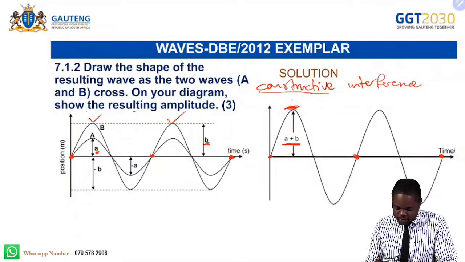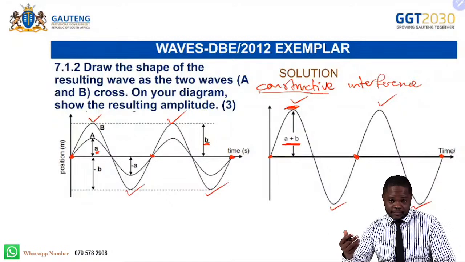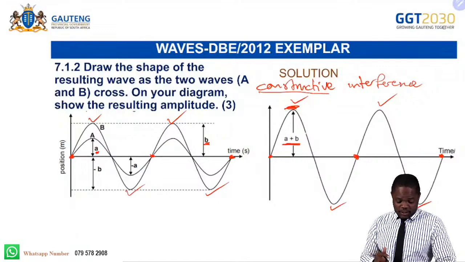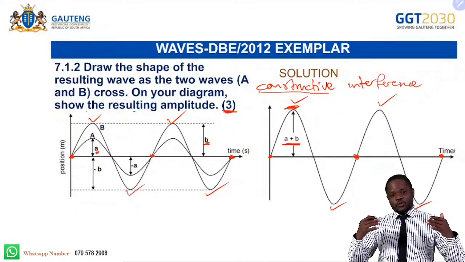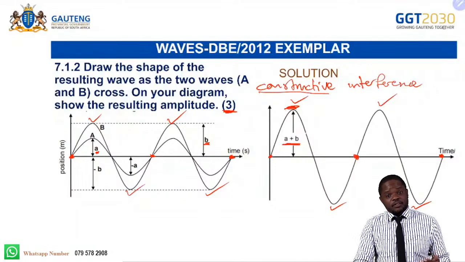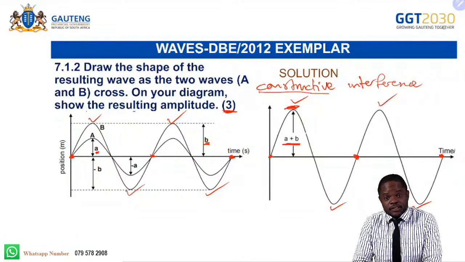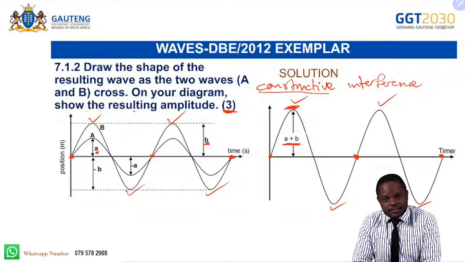One, two crests, one, two troughs, one, two what? Troughs. Right, so that you can earn your 3 full marks. So remember there we are having constructive what? Interference. The opposite being destructive interference. I hope you were able to answer that question correctly, isn't it?